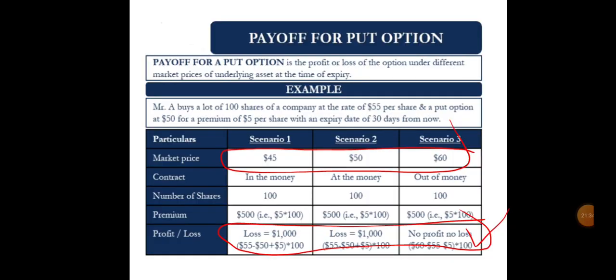So in the next videos, I'll make videos on the binomial model and Black Scholes model, and another video on put call parity relationship. Okay, if those are completed, then your syllabus will end. Okay, if you have any doubts or if you need any clarification about any concept, please let me know.